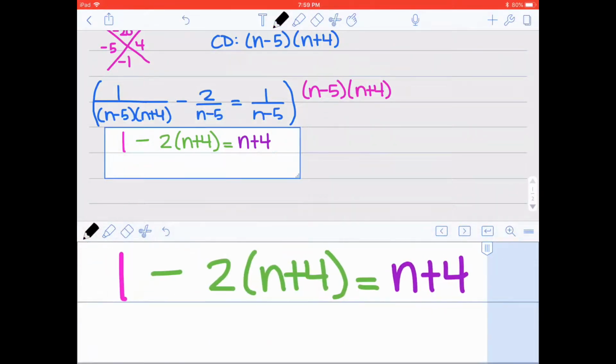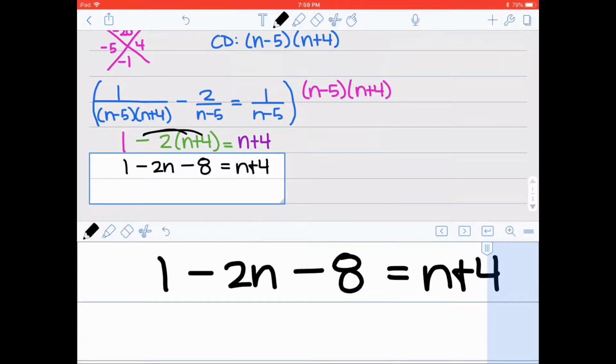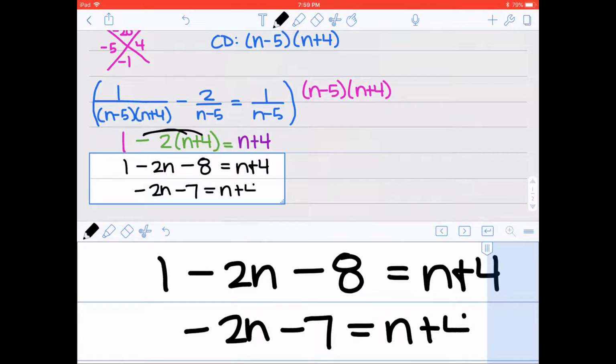I know that the first thing I want to do is get rid of that parenthesis, so I'll distribute a -2. So I have 1 minus 2n minus 8 equals n plus 4. And I can combine like terms. So I have -2n minus 7 equals n plus 4.